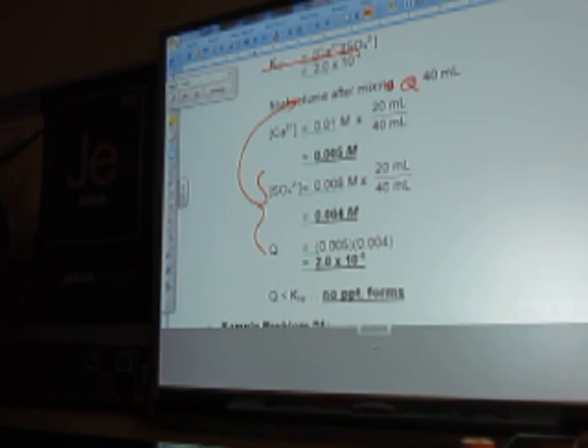The only little twist I can put to this question, sample problem number 4. Read what it says.